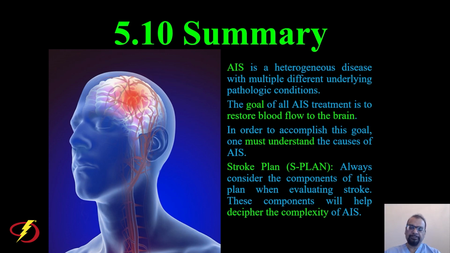In order to accomplish this goal, we have to understand the different causes of acute ischemic stroke. And the best way I know of to think about all these things is to remember your stroke plan, okay? Always consider the components of the stroke plan when evaluating stroke. These components will help you decipher the complexity of stroke.